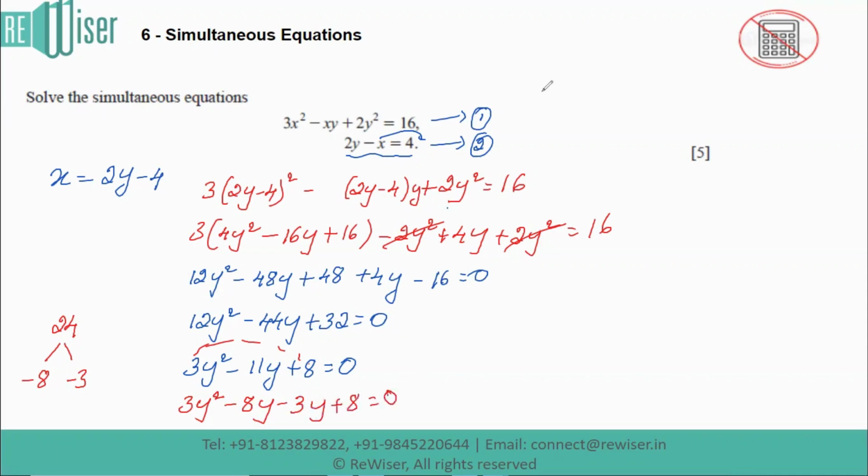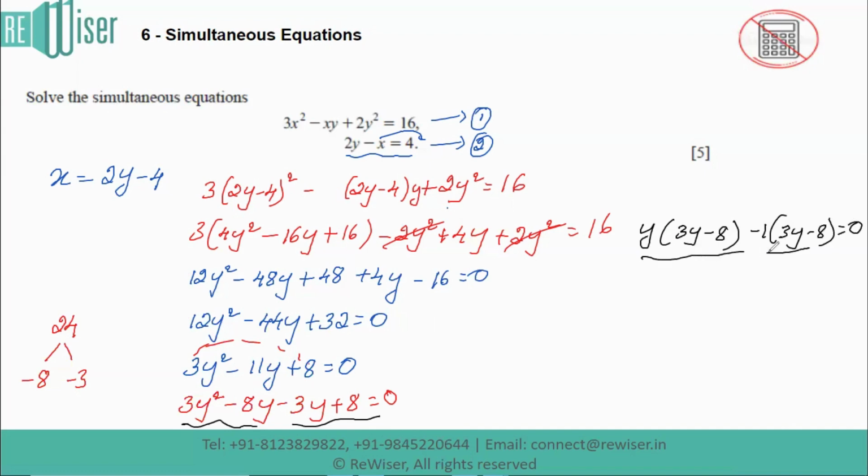If I further simplify this, I'm going to group these terms and factorize. In the first group, I can take only y common out, so it would be y times (3y minus 8). In the next group, when I take minus 1 common out, it's again 3y minus 8, and this equals 0.